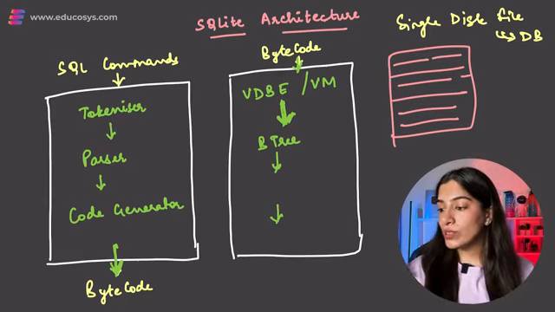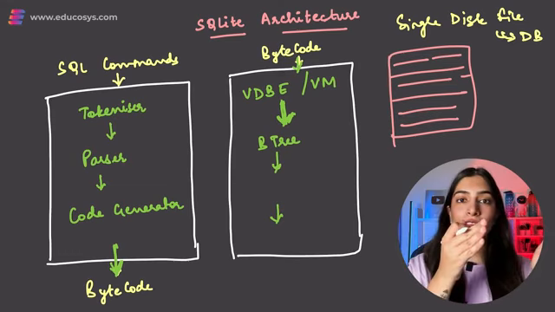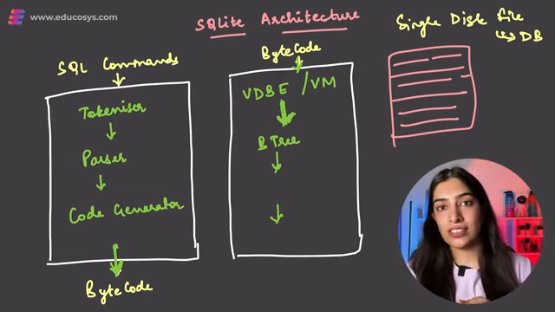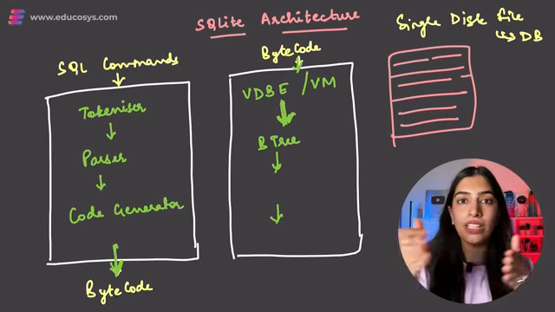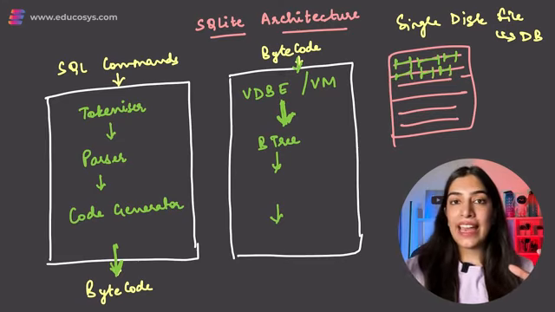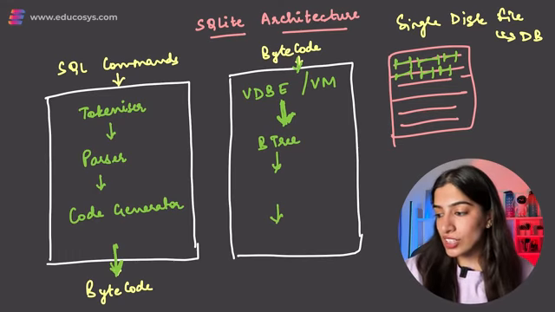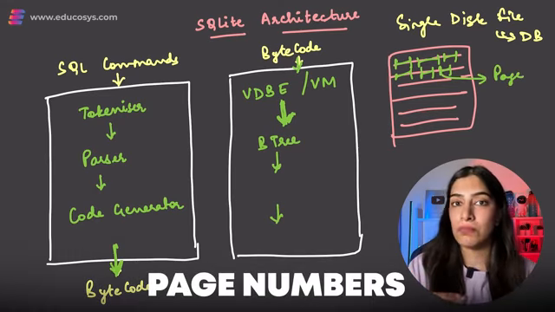So what we are going to do is take this one disk file and divide it into fixed size chunks. If you're taking 4 KB, just divide the entire file into 4 KB chunks. So it is going to look like 4 KB, another 4 KB, another 4 KB, and so on. And in SQLite, these chunks are called pages, which are represented by page numbers.